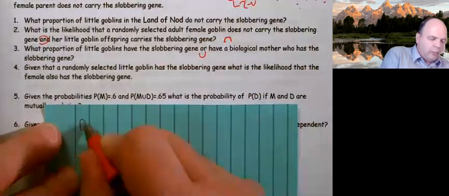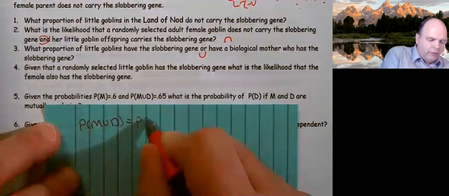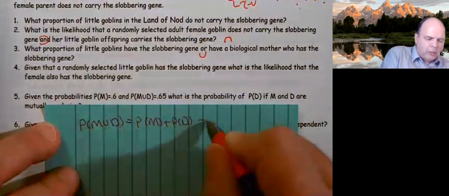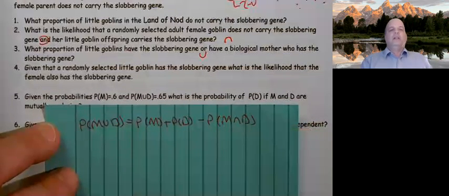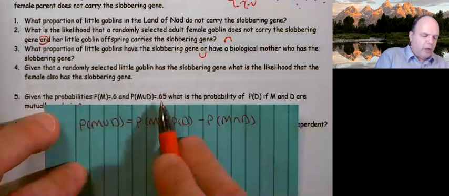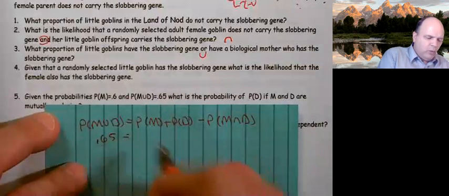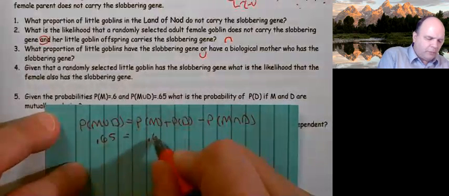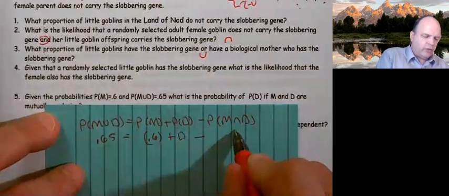So in this case, probability of M union D equals the probability of M plus the probability of D minus the probability of M and D. All right, so let's start plugging in what we know. We know this is 0.65. We know that the probability of M is 0.6. We don't know what D is, and we don't know what the intersection is.